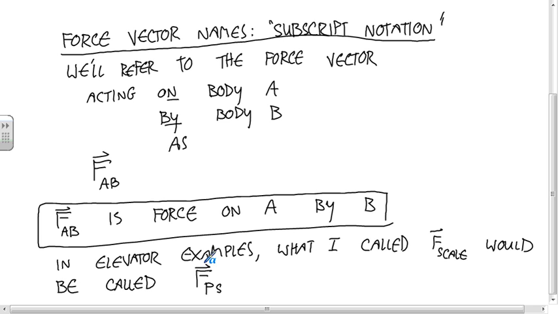Okay? On person by scale. I'm going to always say it like that too. And it doesn't matter what you call it as long as you know what each of these is referring to. You could call it force on passenger, that's still P, but you know what I mean. You could call it force on man by scale or whatever, as long as you know what that letter refers to.